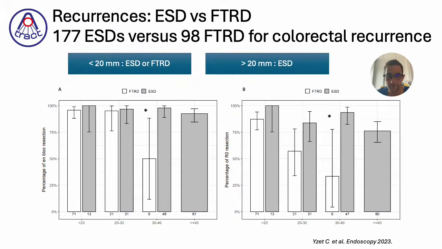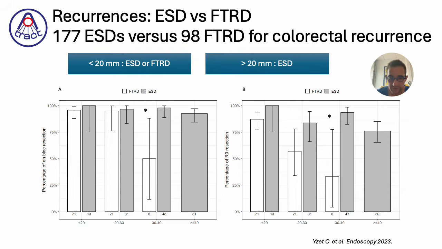colonoscopy for this problem. So in our strategy, we use mostly ESD for the recurrences, because we did a comparative French study with 177 ESDs for recurrence versus 98 EFTR for colorectal recurrences.